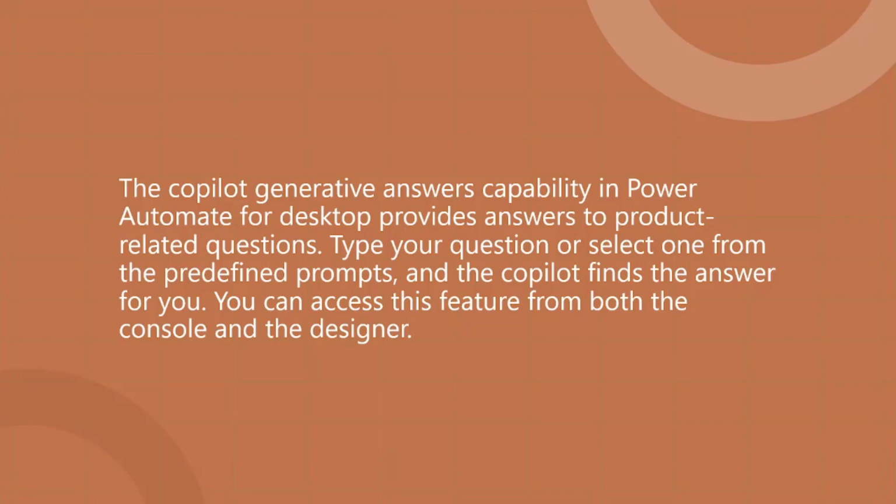You can just type your question or select one from the predefined prompts, and the Copilot finds the answer for you. You can access this feature from both the console and designer. We will learn about the console and designer of Power Automate for desktop in a later session.